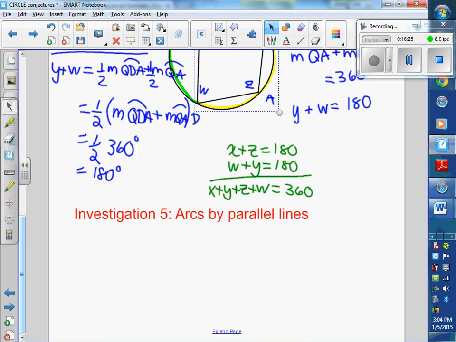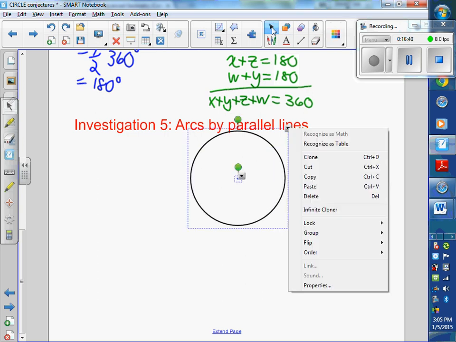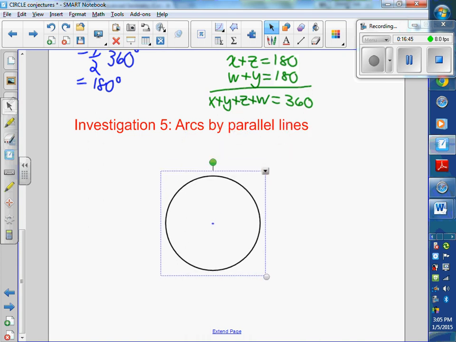If I take another circle, I can get this circle here. The last conjecture is really very simple. So we're interested in the arcs that are formed by parallel lines.